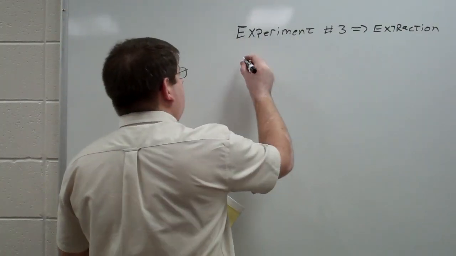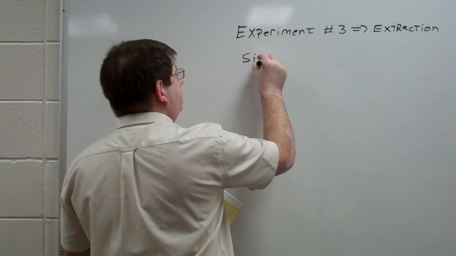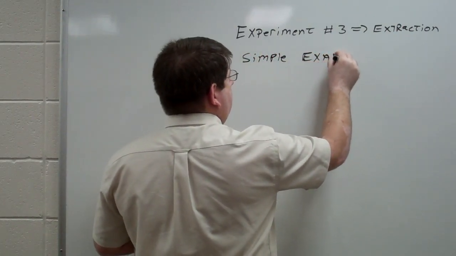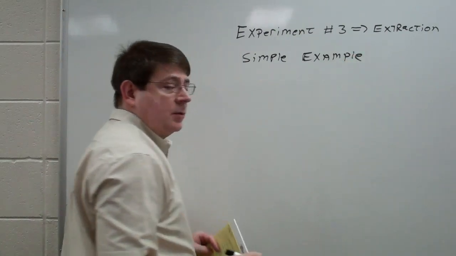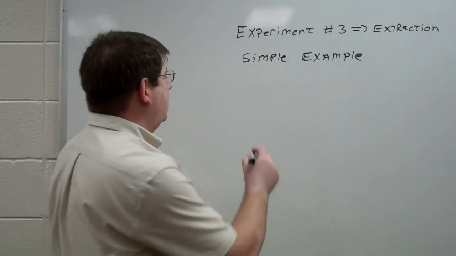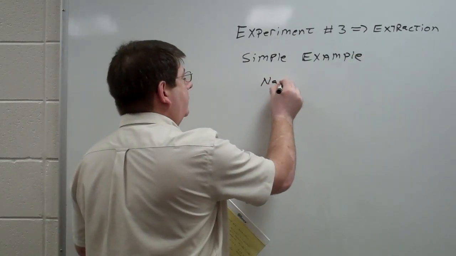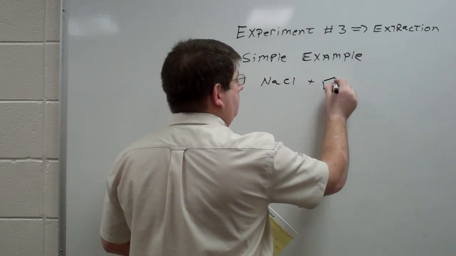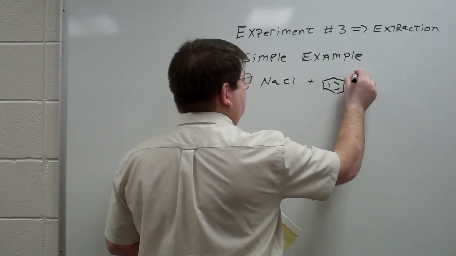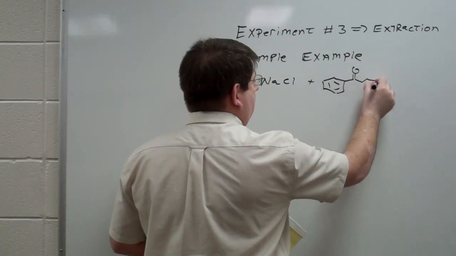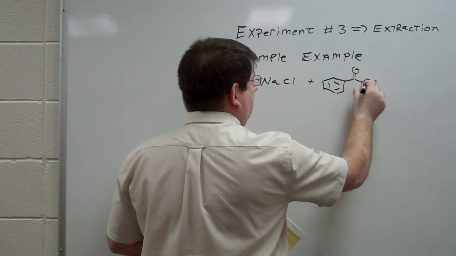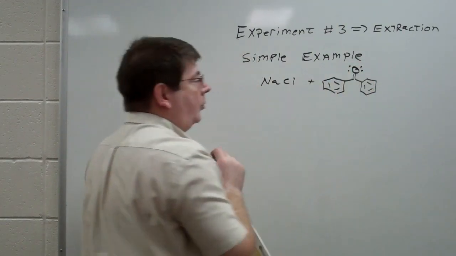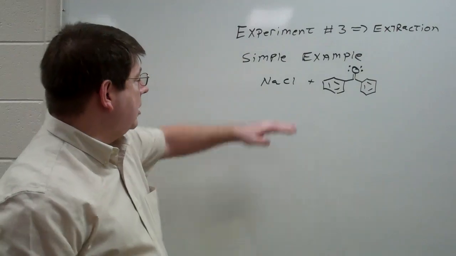We'll just call this our simple example. And let's suppose we have a mixture that we need to separate that contains sodium chloride and benzophenone. So both of these are solids, of course.